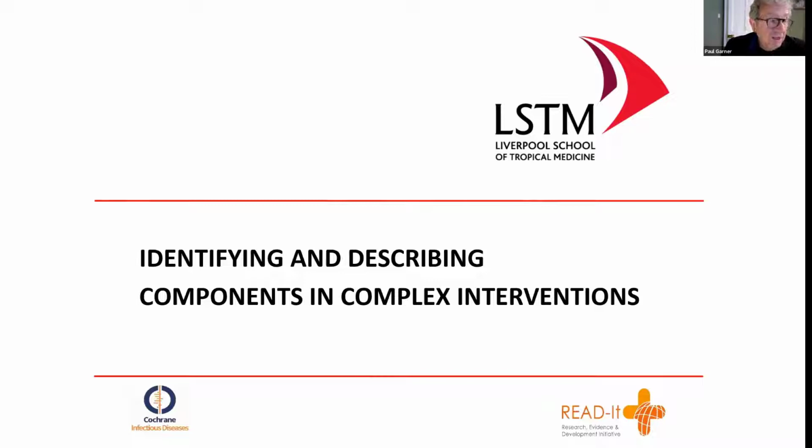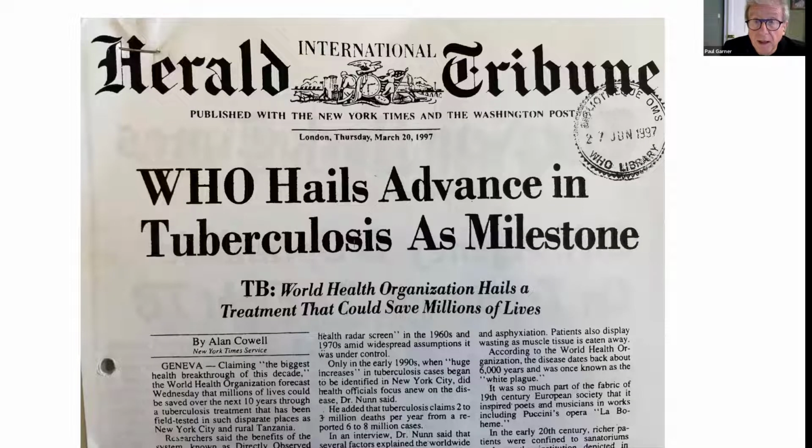But we do dabble with complex interventions, and this actually started some years ago with this headline in a newspaper when Nakajima, the then Director General of WHO, announced that they had an advance in the treatment of tuberculosis that was probably as important as the discovery of penicillin. It was going to save millions of lives.